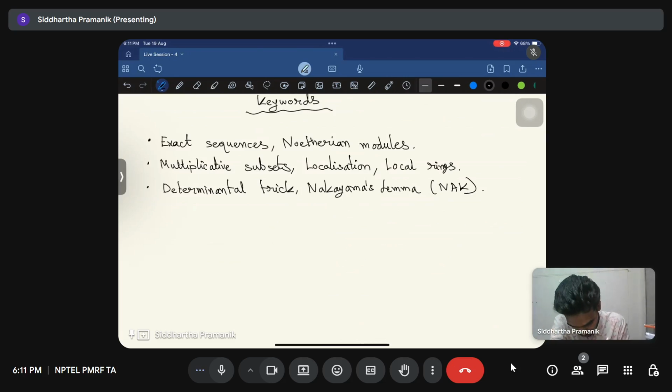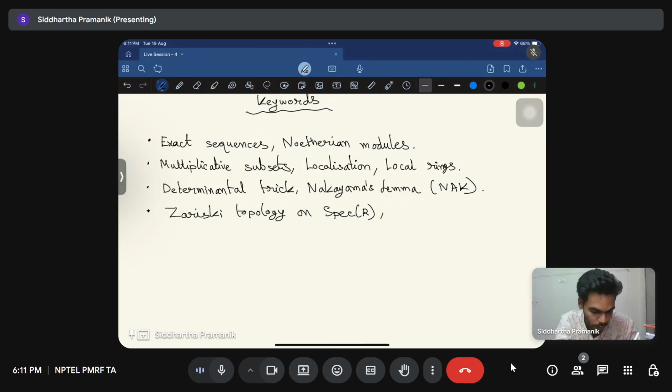Then we studied some geometrical facts about the prime spectrum of a ring. So we have defined one topology known as Zariski topology on the prime spectrum, so Zariski topology on Spec of R and some properties of this topology.